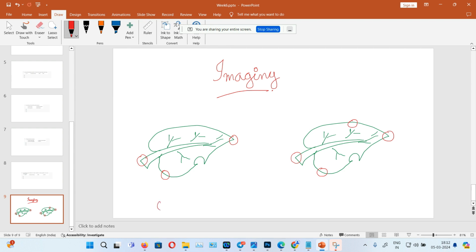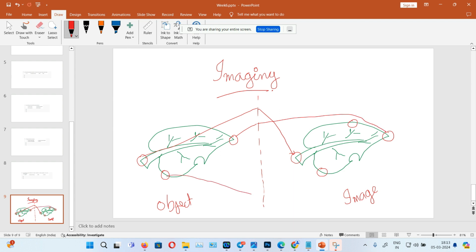If this is my object and this is an image, and this is some imaging system, you can map from here to here, one-to-one correspondence, here, here, here.